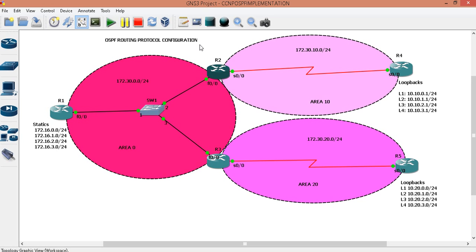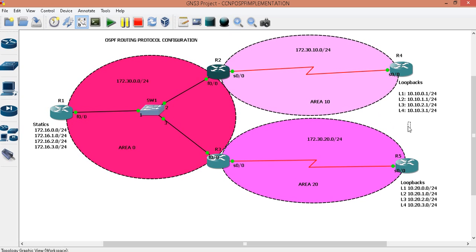On EIGRP, you can implement summarization on any router, at any corner, anywhere inside the network, in the middle, at the center, wherever. For OSPF, that is not the case. You have to do the summarization on the ABR or the ASBR. So we are going to summarize these networks.